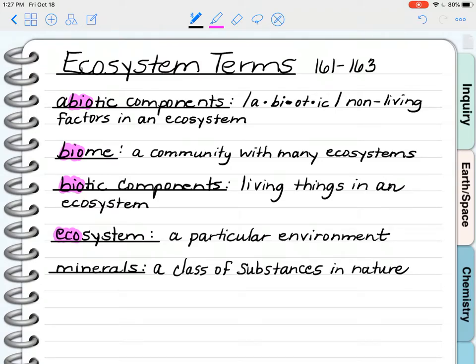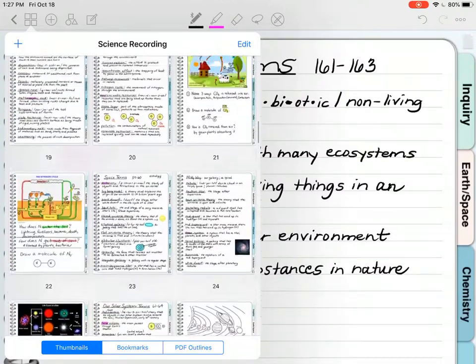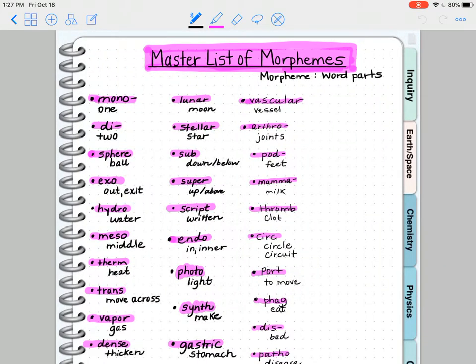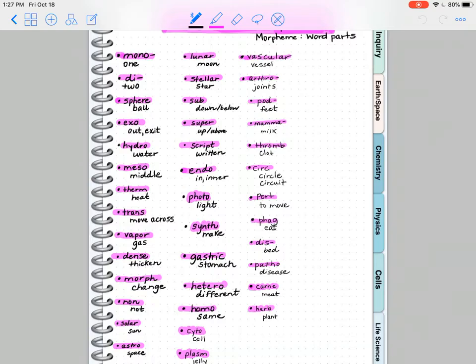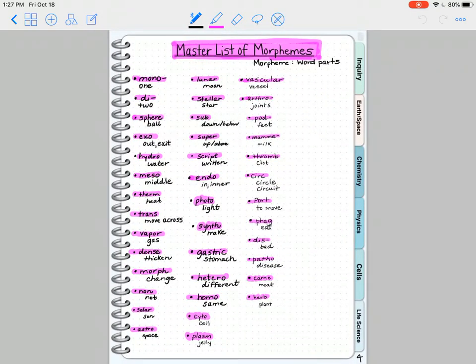Okay, let's add to our morphemes list. I'm pretty sure bio is already on there because it's such a common one in science, but we'll double check. Maybe I'm wrong. We've got quite a list. And maybe I am wrong, guys. I don't see it listed. So let's go ahead and list it.